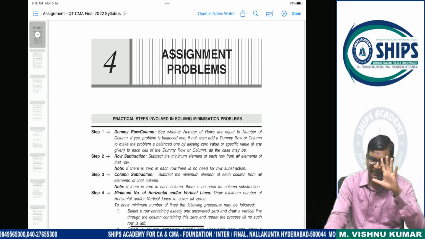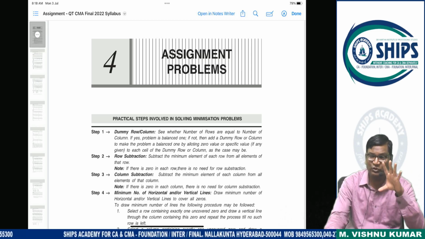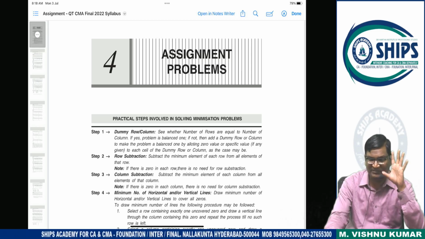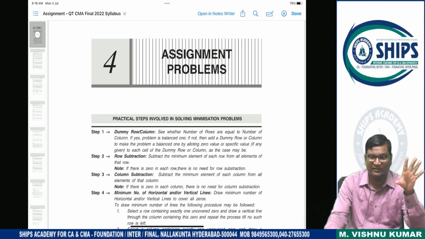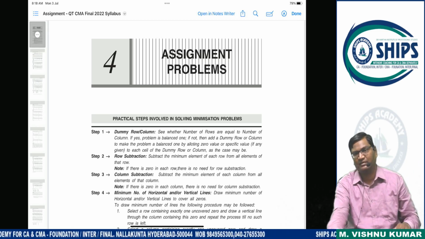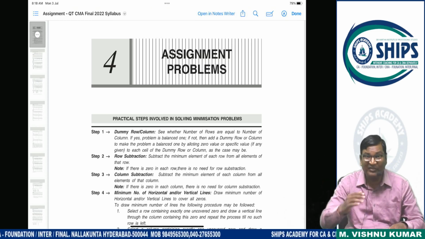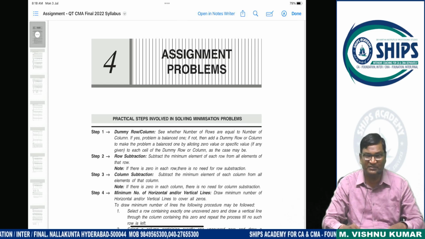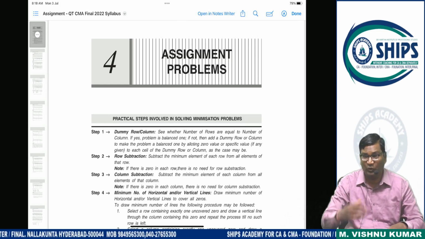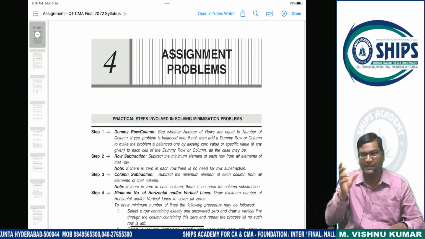Each and every person concentrates on one work, and all work is assigned to all persons. So assignment is nothing but a procedure. Assigning means giving some work, allocating some work.